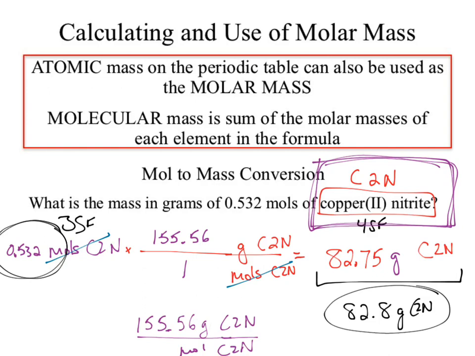So there's an interesting point. Would you be able to get the 155.56 grams of copper 2 nitrite if you didn't know the formula? Ooh, nope. The only way we got that number was from the correct formula. If we don't know the formula, come up with something. Okay? Even if you wrote C2N, I at least have some context on where you're going from.